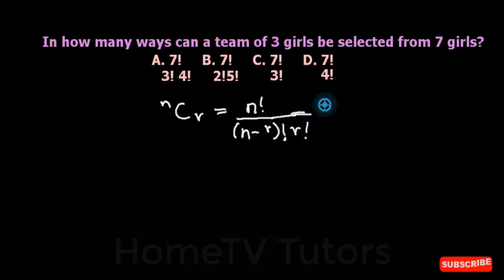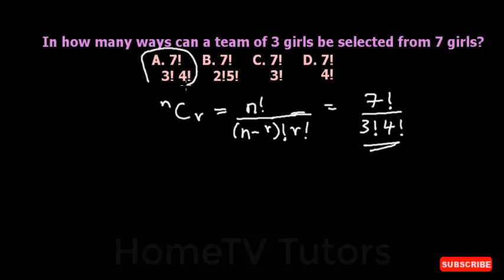Okay, so factorial n, that is the total number, which is 7 factorial 7, then 7 minus r, which is 4, that is 7 minus 4, that is 3 factorial 3, then the r, which is 4 factorial 4. So option A is the right option.